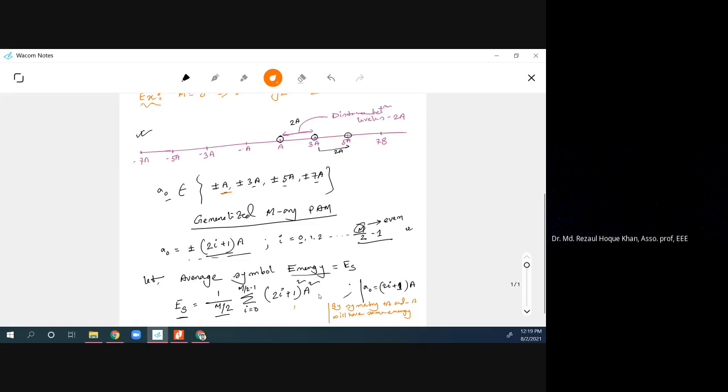That's why we divided by M/2, because we took the symmetry.